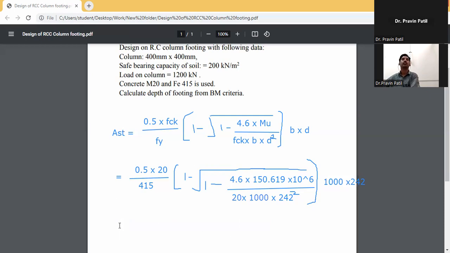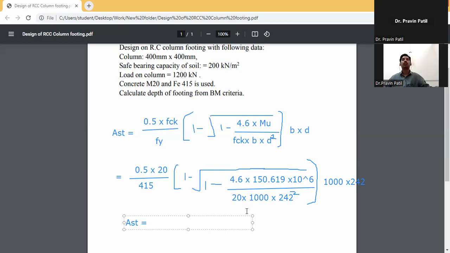So Ast is equal to, first solve this under root: 4.6 into 150.619 into 10 raised to 6 divided by 20 into 1000 into 242 square, 1 minus answer, then root, 1 minus answer, then multiply by 0.5, fck will be 20, divided by 415 into 1000 into 242.